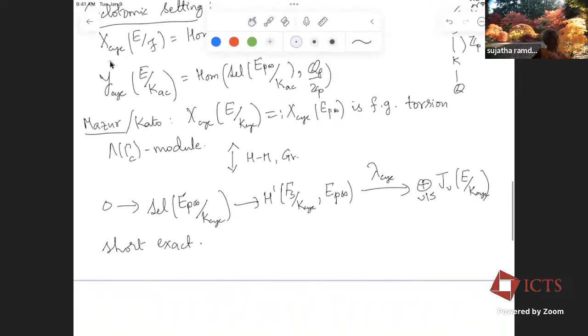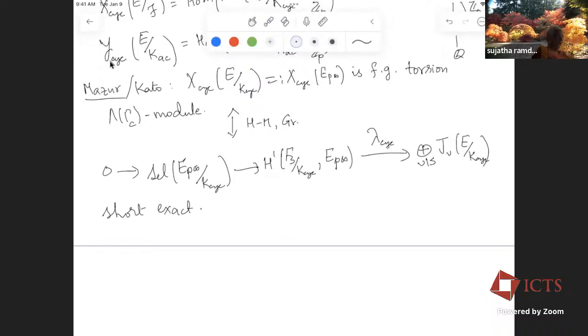Now, this was first proved in full generality by Hachimori and Matsuno, and this has very interesting applications. The way you do it is you analyze the Poitou-Tate sequence, and then you use what you know about the Iwasawa theory, because this is an ordinary case, and then you use that information to get this.